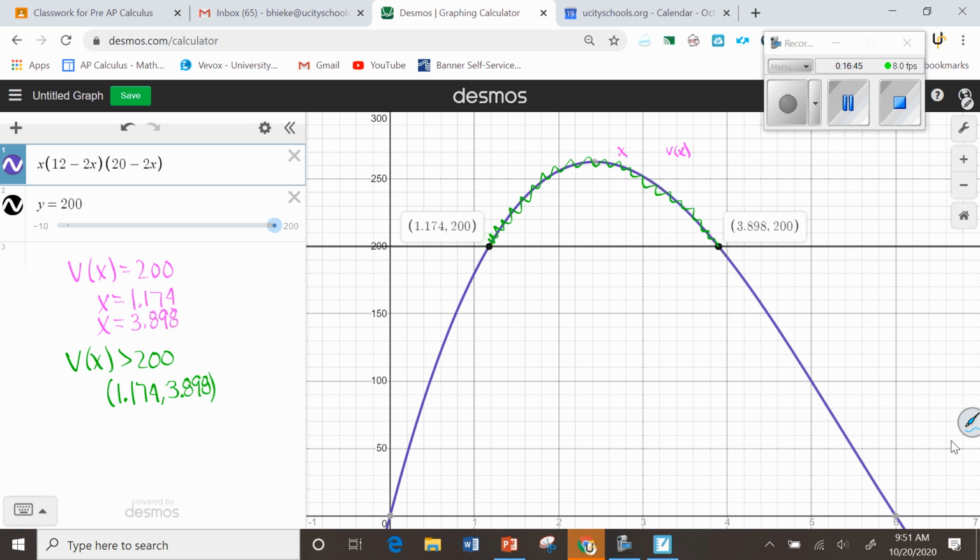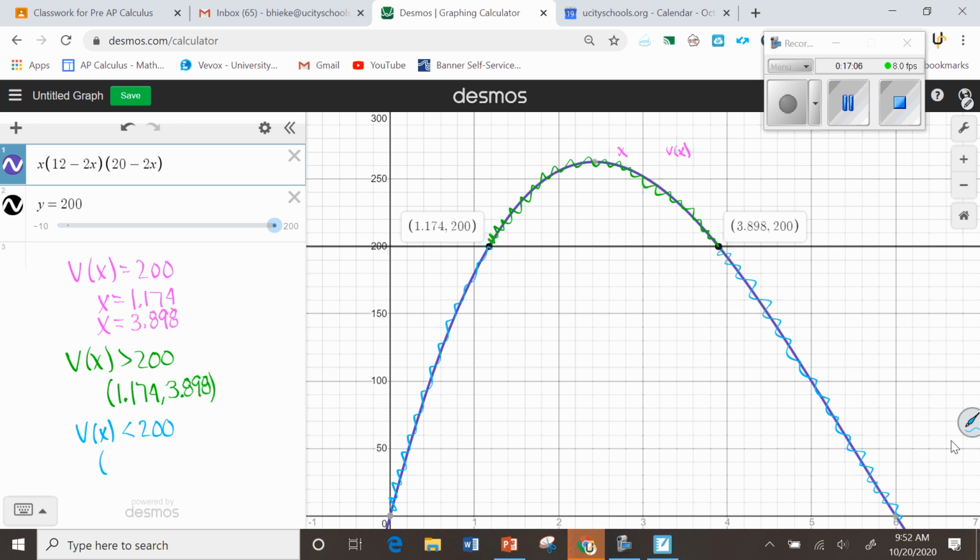Then the next part of it, when is it less than 200? So if I told you to find an x value to cut out the size of the square that's going to make it no more than 200, that's the same thing as less than. That's all of this stuff all the way to the 0. So keep in mind this is a real world problem, so I can't say negative infinity.